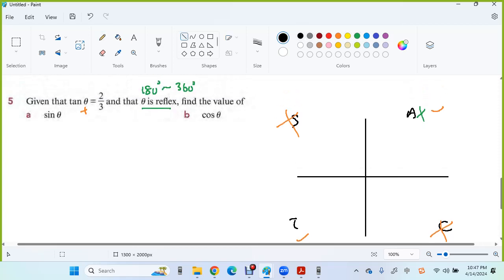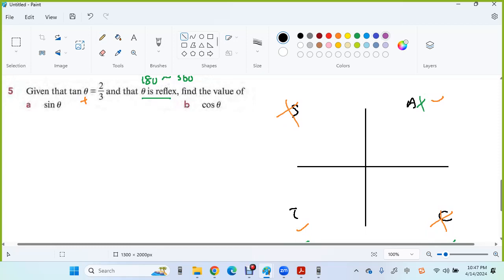So we have tangent theta is 2 over 3. Then we have tangent, which is O over A, opposite over adjacent. So we have the opposite is 2, adjacent is 3. So it will be something like this. So theta is here.